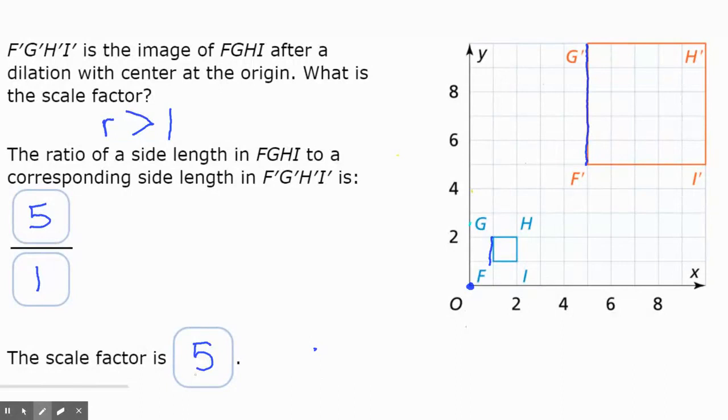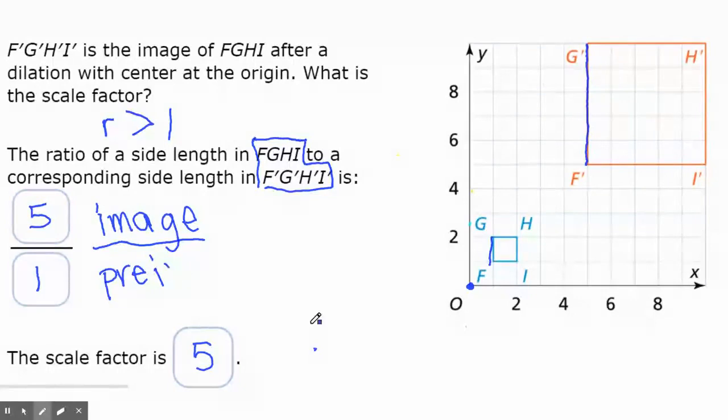Okay? So when this is written, I don't want you to get confused. I want you always to remember the image, we're doing scale factor, is in ratio to the pre-image. So the pre-image is always going to go in the denominator, image in the numerator if you look at it that way.